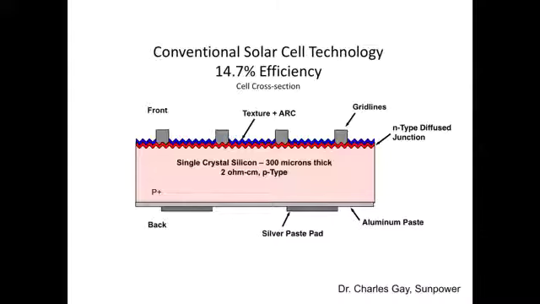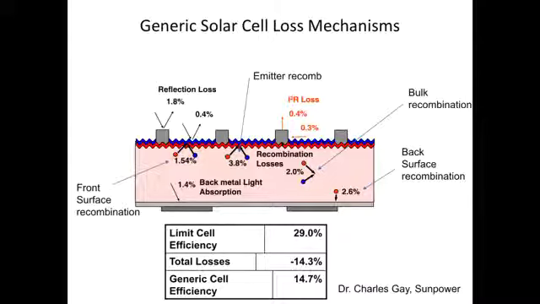As the standard solar cell architecture here, you'll get about 15% efficiency. If we look at the loss mechanisms, we talked about recombination losses either at the front or towards the back. You get reflection losses because you're using metal contacts, so you're not absorbing over those areas of the light.